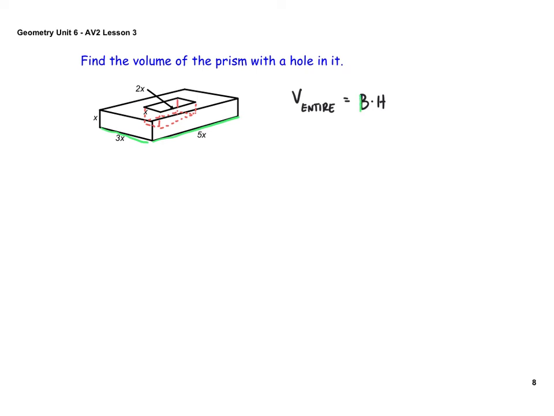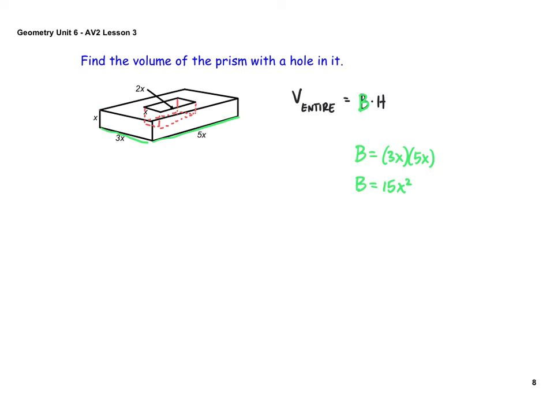So I'm going to calculate the area of the base by taking 3x times 5x. Now the reason I consider this an extension problem is because now we're talking in general terms involving x. So 3 times 5 is 15, and x times x is x squared.